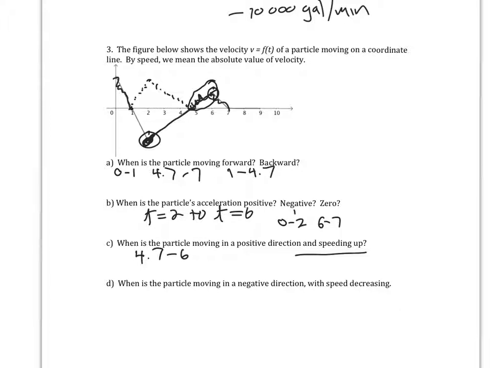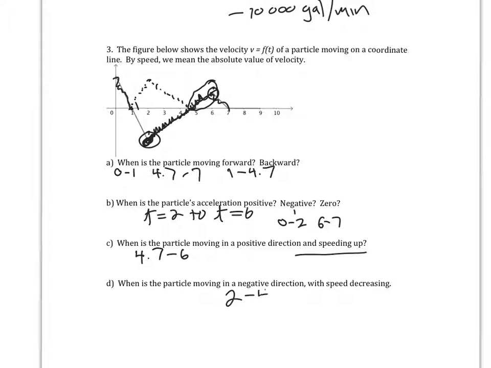Okay, when is the particle moving in a negative direction with speed decreasing? Okay, so it's moving in a negative direction whenever the velocity graph is below the x-axis. And its speed is decreasing when the speed is moving closer to 0. So the absolute value of the speed is going down, and that would be along this interval right here from 2 to about 4.7.